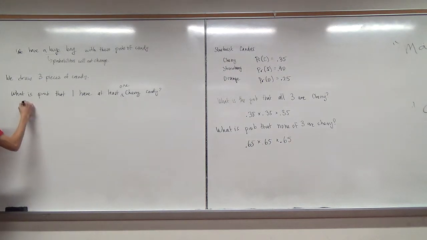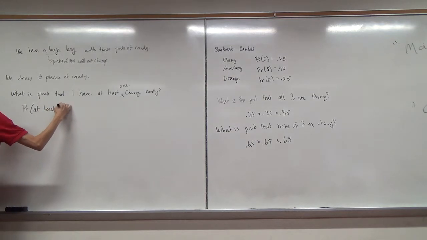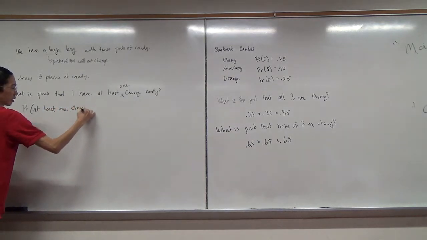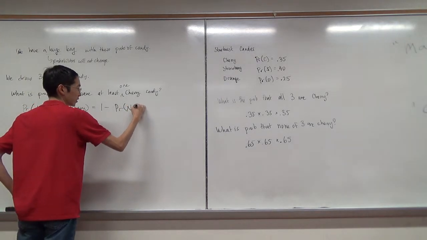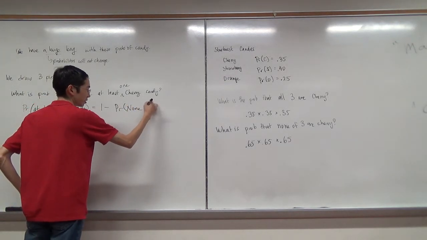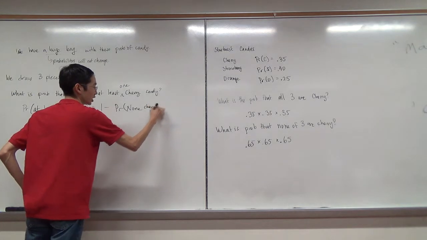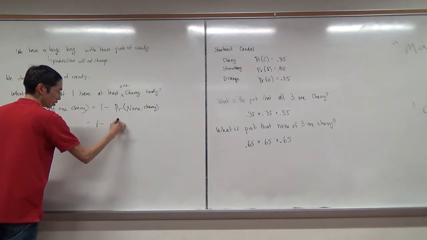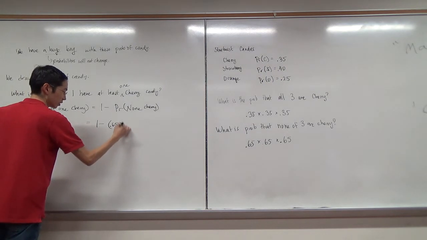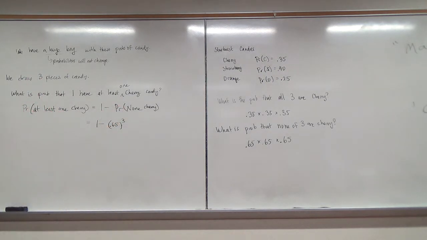The probability of at least one cherry is equal to 1 minus the probability of none cherry. So this would be 1 minus 0.65 to the third.